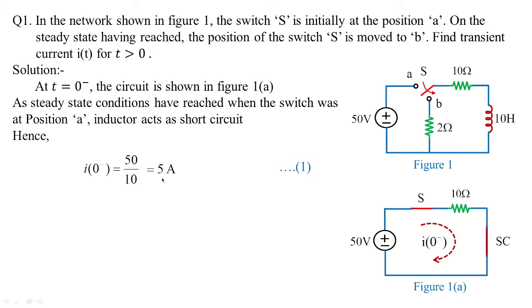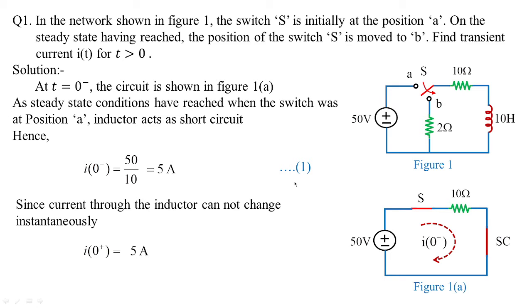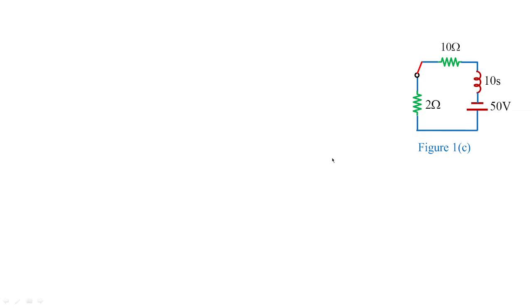So 50 by 10 is equal to 5 amperes. We are treating this as equation 1, and we know that current in an inductor cannot change instantaneously. So we need to remember that i(0 plus) will also be equivalent to 5 amperes. This we need to keep in mind before the switching condition.